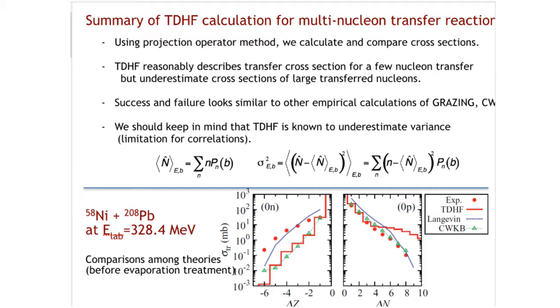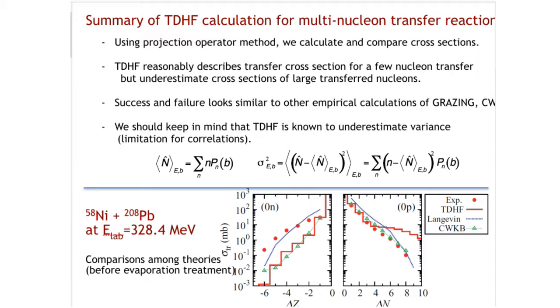It looks very similar to the time-dependent Hartree-Fock. In some sense, that is reasonable because the time-dependent Hartree-Fock assumes mean-field type dynamics, and the direct reaction type approach assumes successive transfer of single-particle motion. So the Langevin approach describes something better.